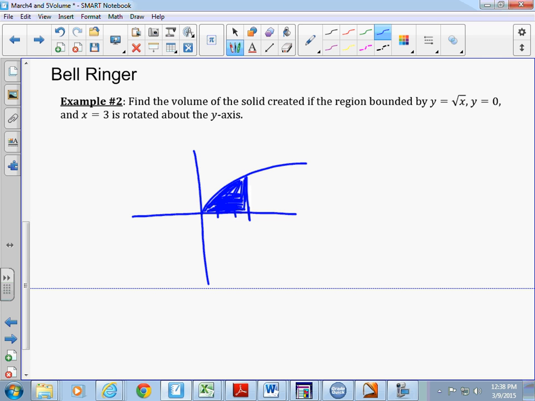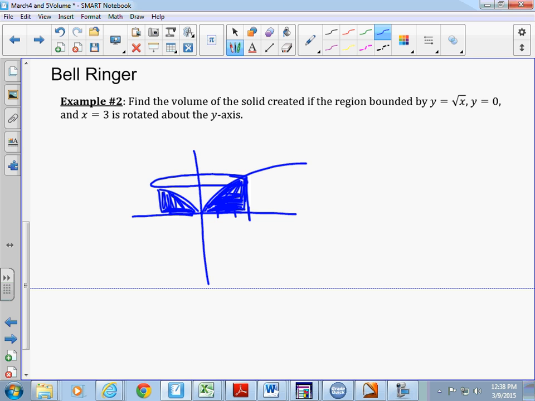Any questions so far? So we're going to get this shape here, right? We have an outside and an inside. So there's a gap between the region and the y-axis.